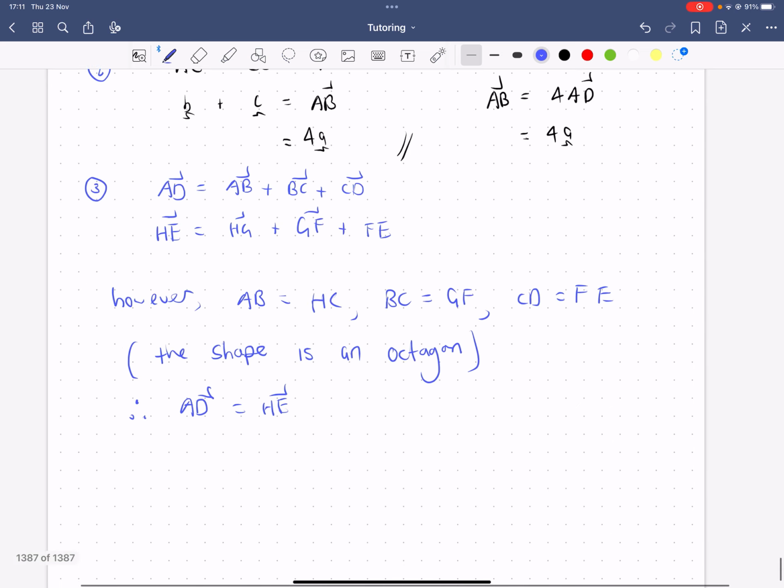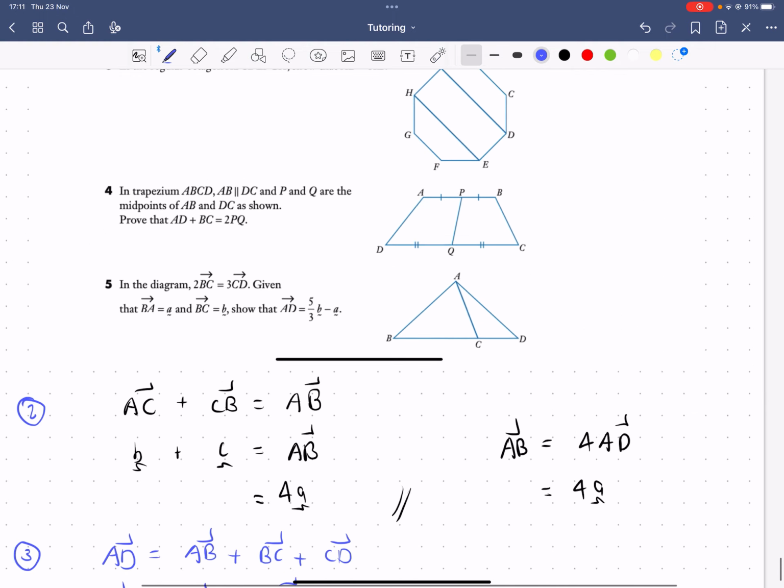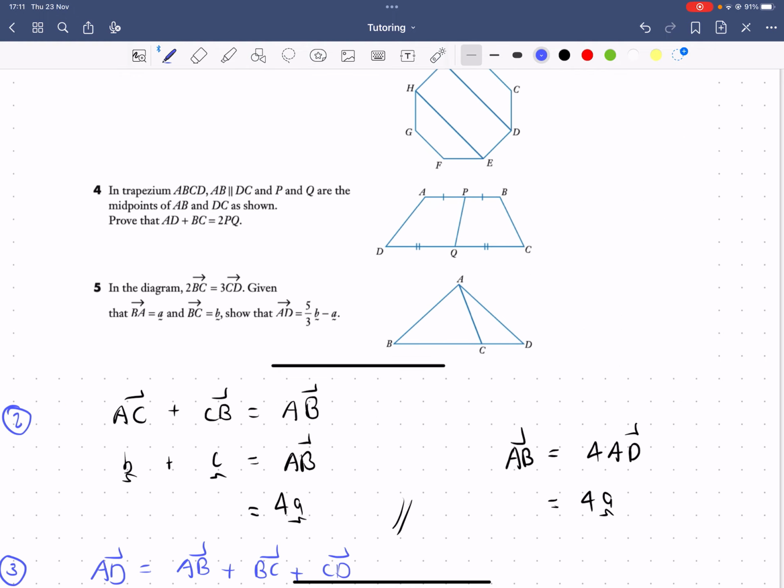Okay, question number 4. We've got the trapezium ABCD, where AB is parallel to DC, and P and Q are the midpoints of AB and DC. Prove that AD plus BC is 2PQ.